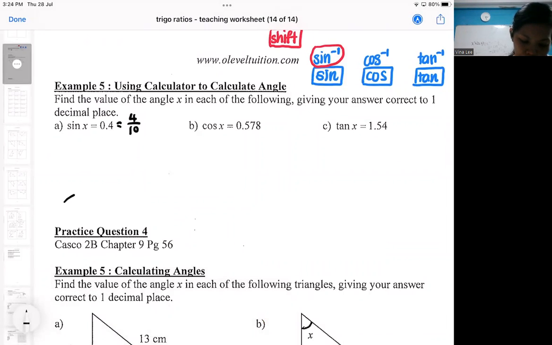I can draw for you first. So the ratio of 4/10 is like this. The opposite is 4. The hypotenuse is 10. So how am I going to find the angle in such a way that the ratio is like this? You actually activate your inverse function.